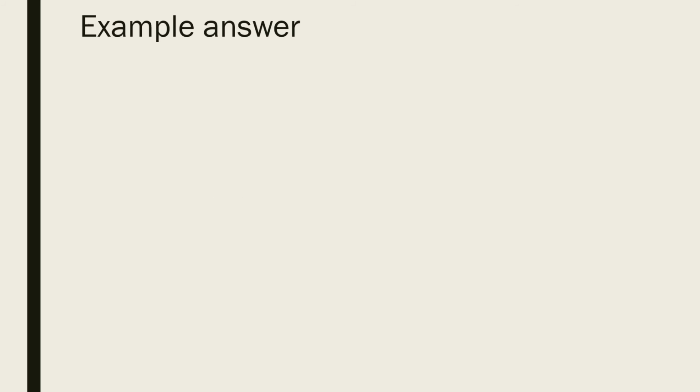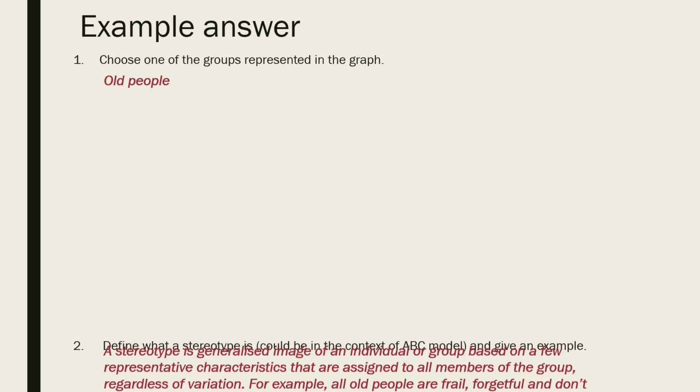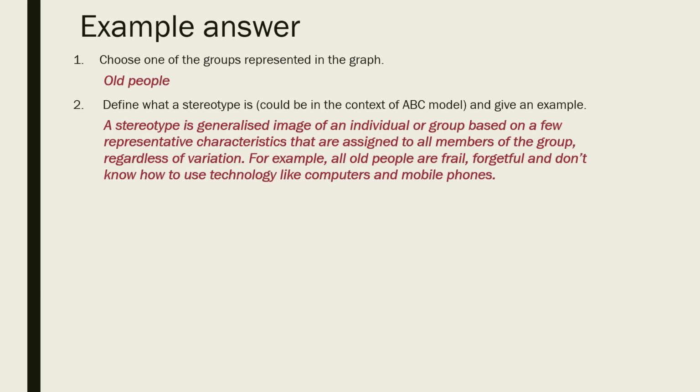Here is one example of a model answer. The group on the graph that I chose for my answer was old people. So to address the first part of the question, I have written, a stereotype is a generalized image of an individual or group based on a few representative characteristics that are assigned to all members of the group regardless of variation.